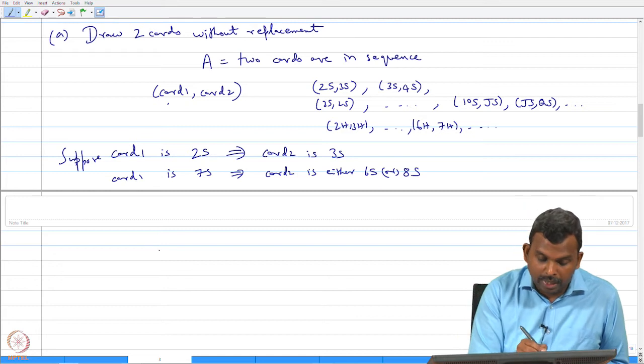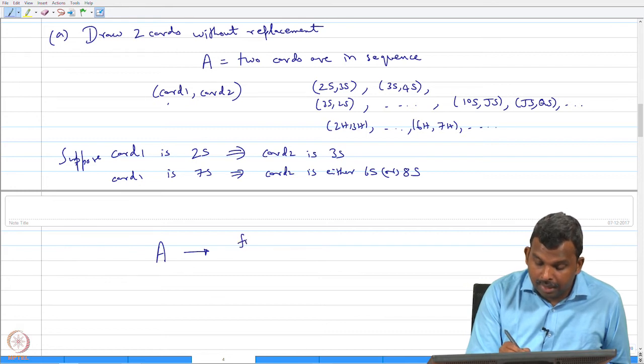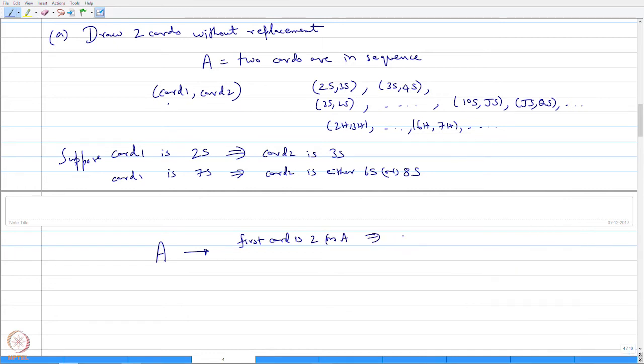So, you can define this event A, which is 2 cards are in a sequence. So, you can consider the case where the first card is 2 or ace, which will imply the second card has only one possibility.